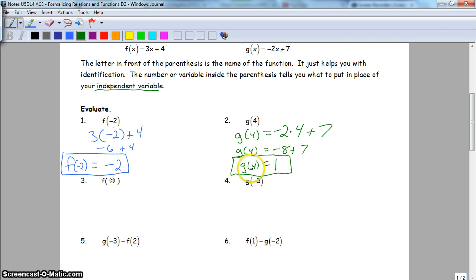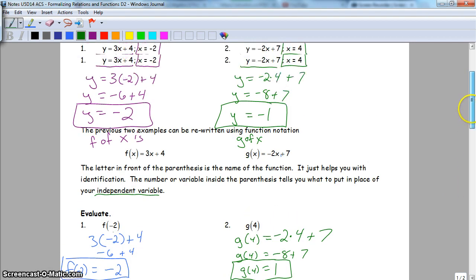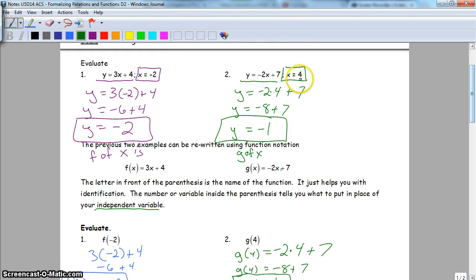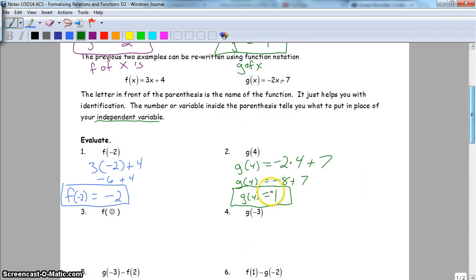Now this says when x is 4, y is 1. That's what we did up here. Remember when we did it up here, they told us x was 4. We did some mathy things, and we got y is negative 1. My bad, y'all. Negative 1.